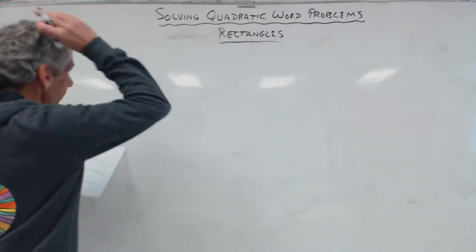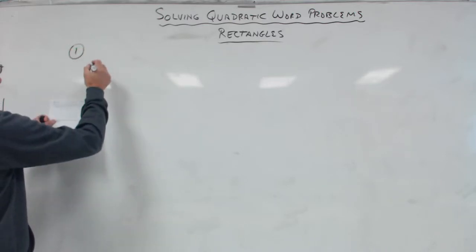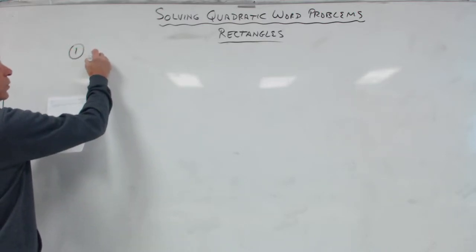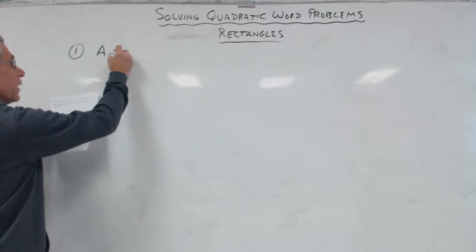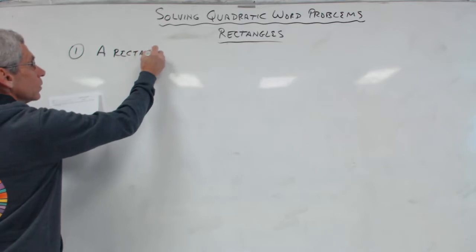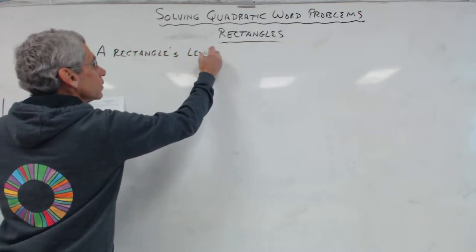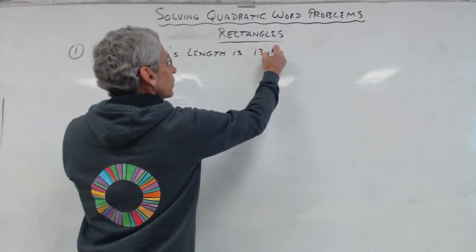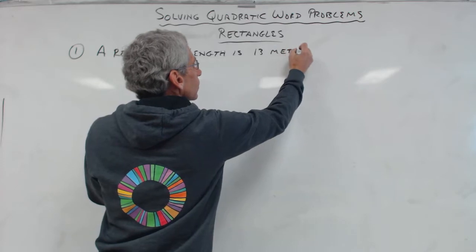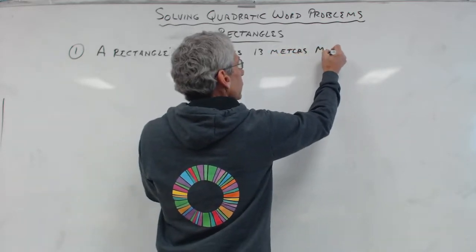So our first problem, just go ahead and write it up as I write it. We might probably only do one of them because it's going to be number 1 on the homework. A rectangle's length is 13 meters more than 3 times its width.